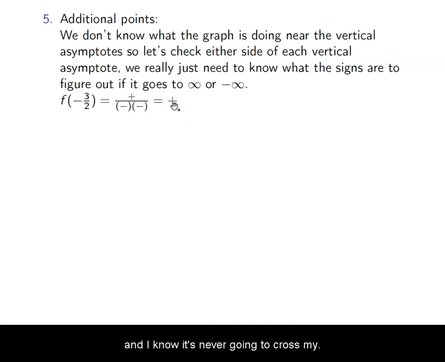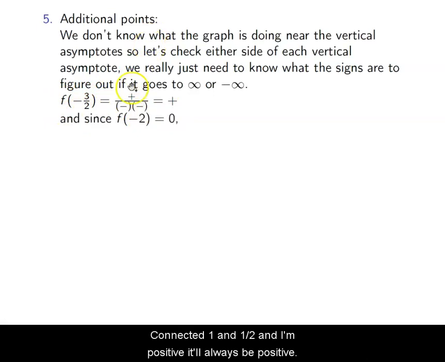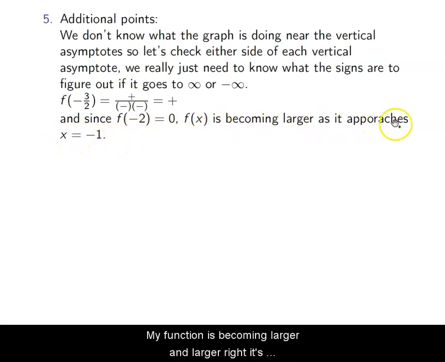And I know it's never going to cross my axis again after -2, right? So I'm in between -2 and -1 at -1.5, and I'm positive. It'll always be positive, right? So -2 was a 0. So therefore, as I get closer to -1, my function is becoming larger and larger, right?